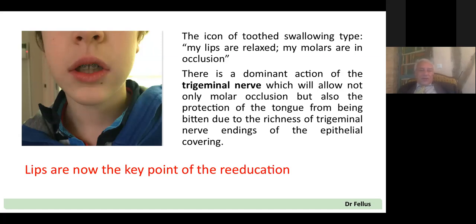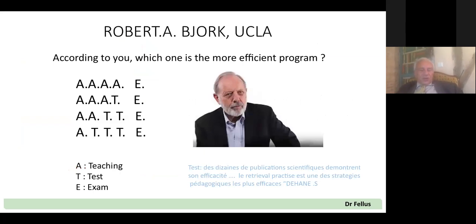It's a very dominant action, in this case, of the trigeminal nerve, which will inhibit the facial nerves. Thanks to the trigeminal nerve, you will have a molar occlusion, and you will protect the tongue from being bitten during mastication. We can say that the lips are now the key point of the re-education.